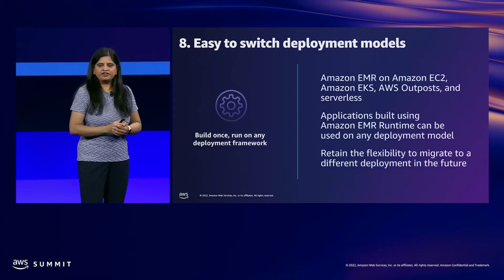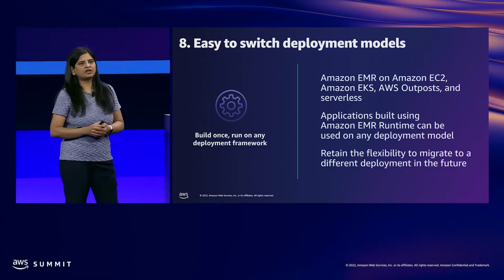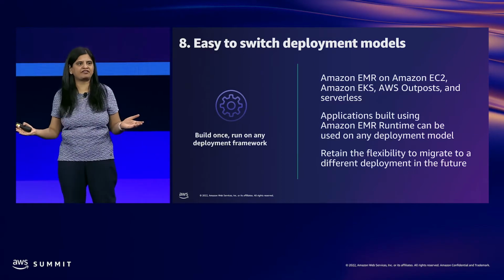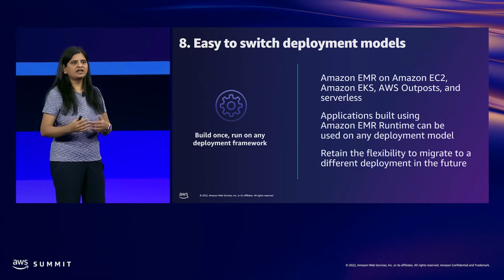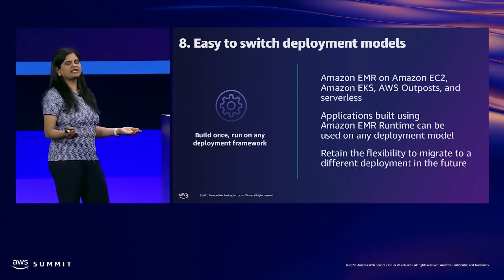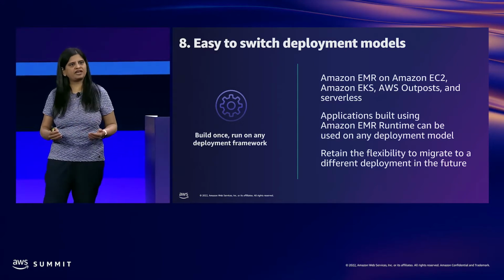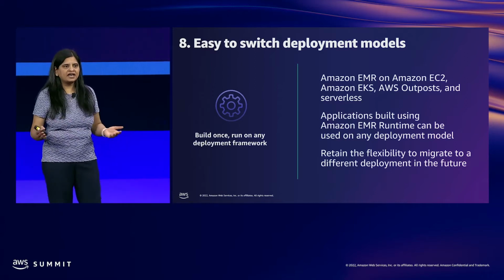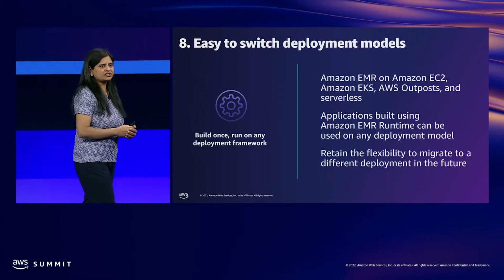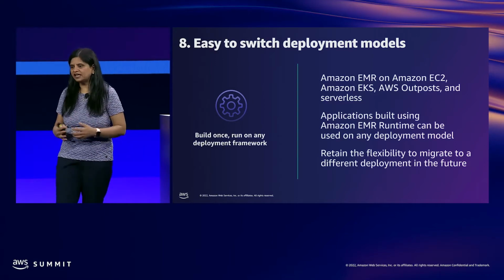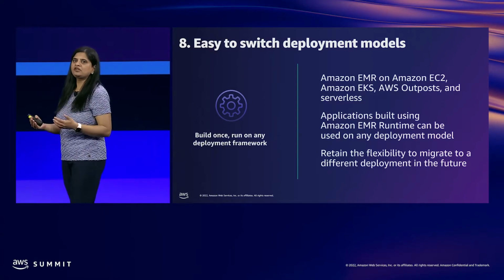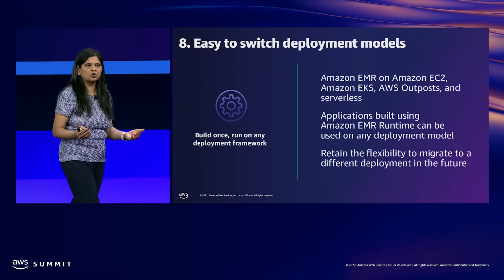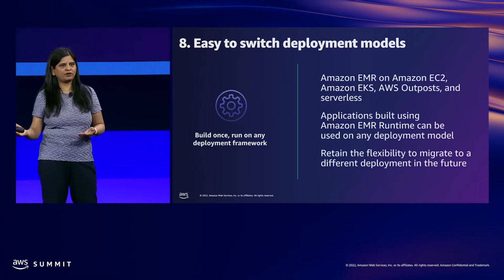And finally, we want to make it very easy for you to run EMR applications on any of the deployment options we have available. So today, as you can imagine, you can run your Spark and Hive applications on EMR on EC2, you can run them on EMR on Outposts, you can run them on EMR on EKS, and now we have EMR Serverless where you can run the same application. The idea is to be able to run the same application without changing your application code on any one of these deployment options.